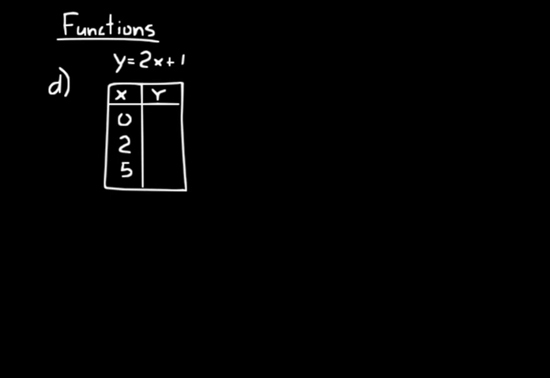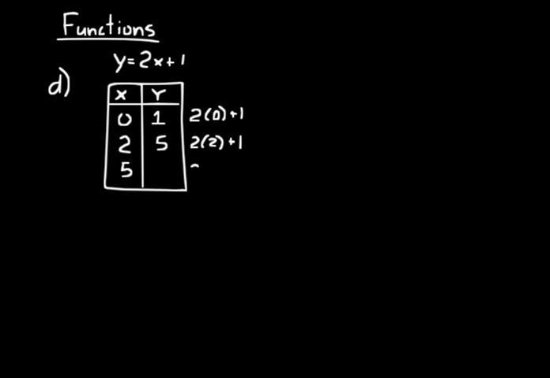So on the first one, we would just substitute 0 in for x, and we say 2 times 0 plus 1. 2 times 0 is 0, plus 1 would be a 1. Then for the next one, we would do 2 times 2 plus 1. And so that would be a 5. 4 plus 1 is 5.